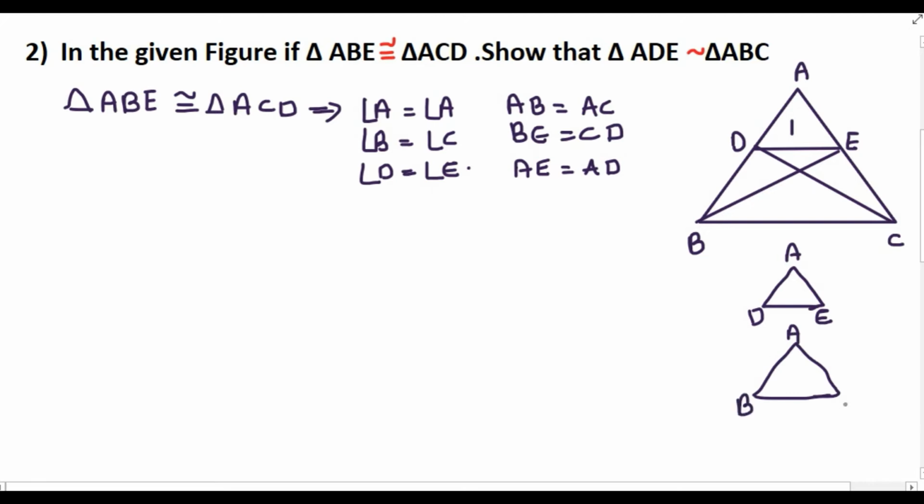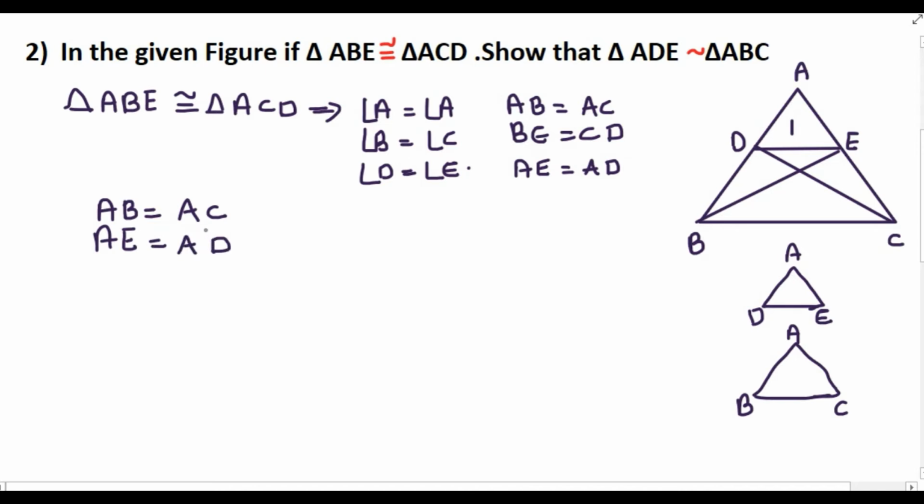So either by using AAA similarity criteria or SSS similarity criteria or SAS similarity criteria we have to show that these two triangles are similar. So from here I am going to write AB equal to AC, they have given. Also they have given AE equal to AD, because these two triangles are congruent.